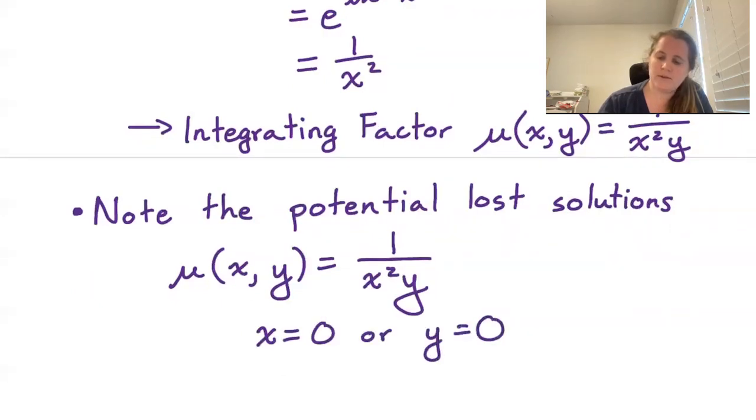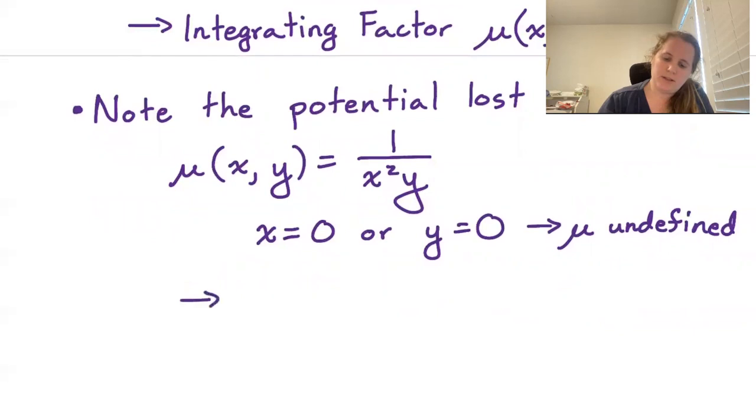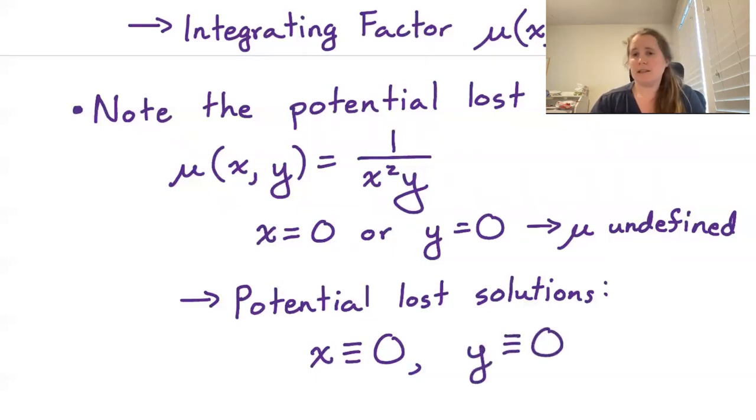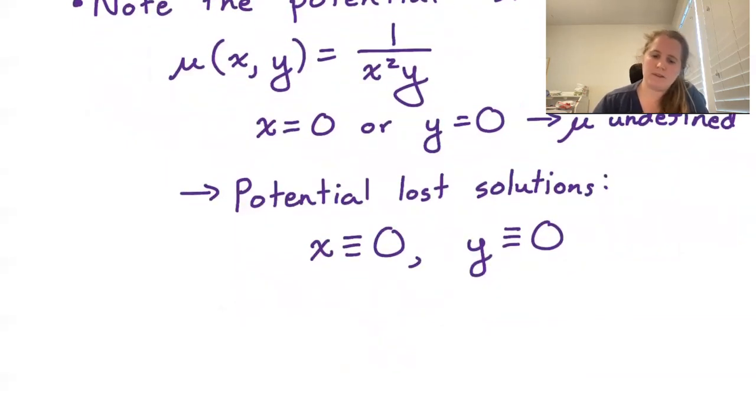Or if y equals 0, then mu is undefined from division by 0. And so our potential lost solutions are x identically equal to 0 or y identically equal to 0. This is just something to keep in mind. We'll check these at the end.